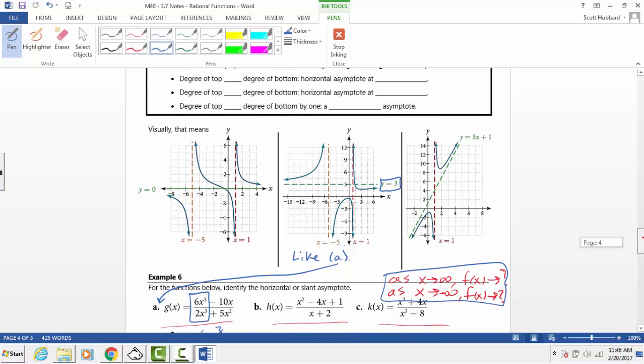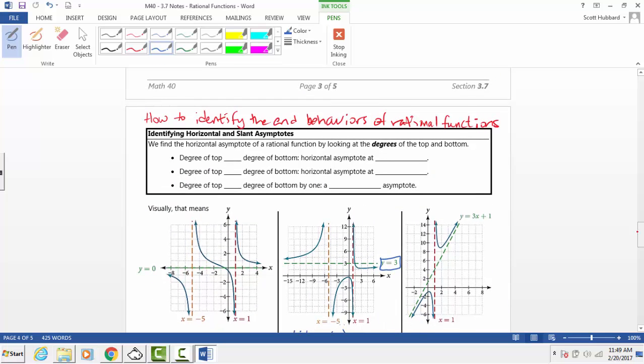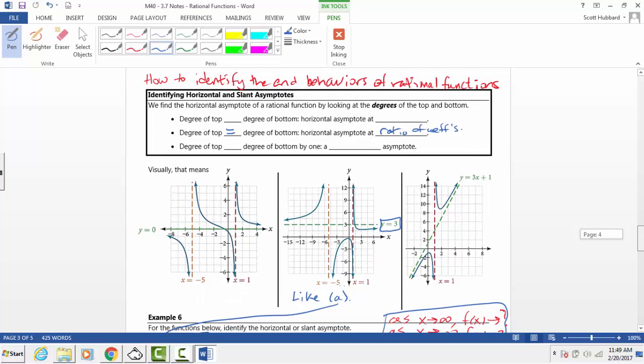And in the box there, I'll say that's when they're equal. Okay, it's just going to be just the ratio of the coefficients.